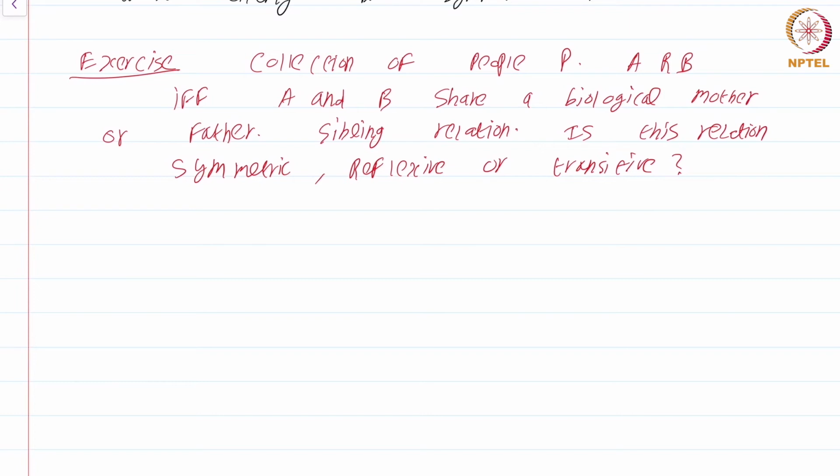Okay. Now, given an equivalence relation, I said that you can redefine equality on the set. Now, I am going to make that precise by defining what is called an equivalence class.